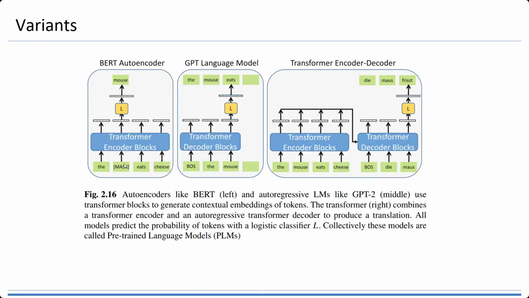And some of the variants, okay, as you know, we learned two things today. The first, we learned about BERT. BERT is using only the encoder. GPT, we use only the decoder. But what if we want to combine the encoder and the decoder? Is there any pre-trained model that uses those two?